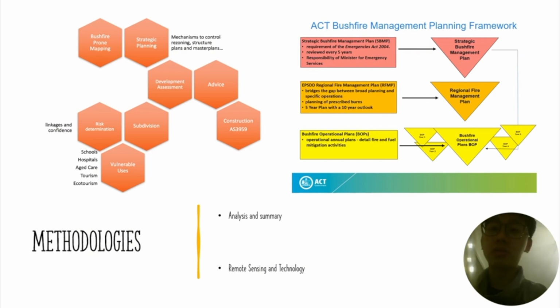Analyzing historical data from past bushfire events helps researchers and practitioners understand patterns, trends, and the effectiveness of past management strategies. Historical experience can provide guidance for future solutions. So the second is remote sensing and technology.